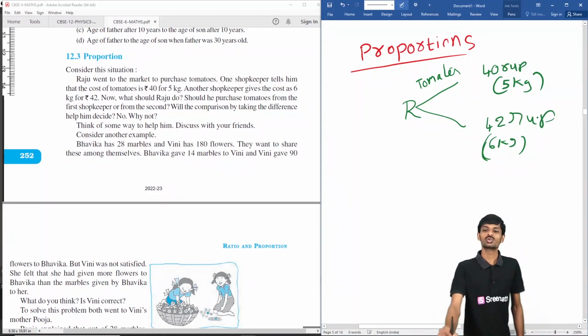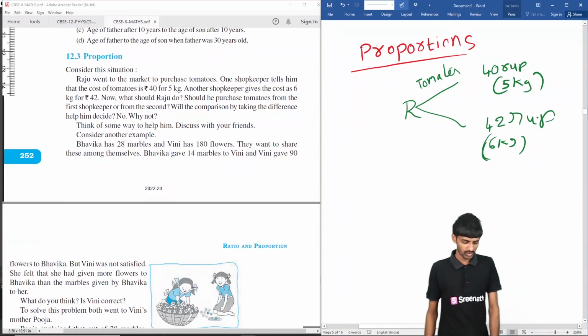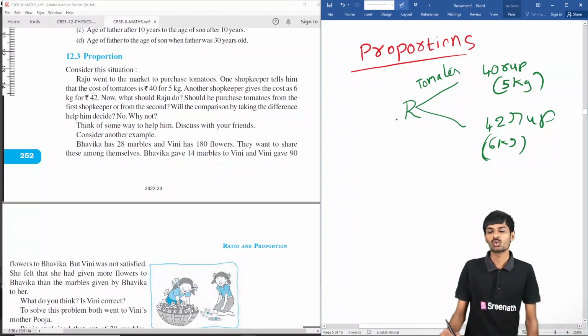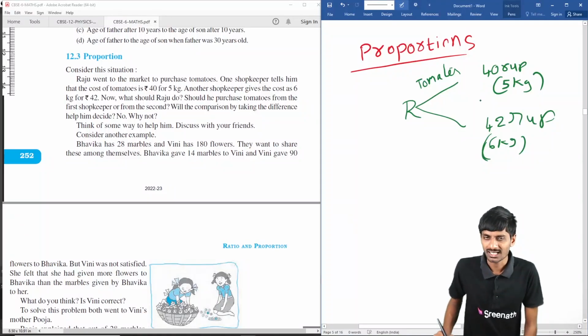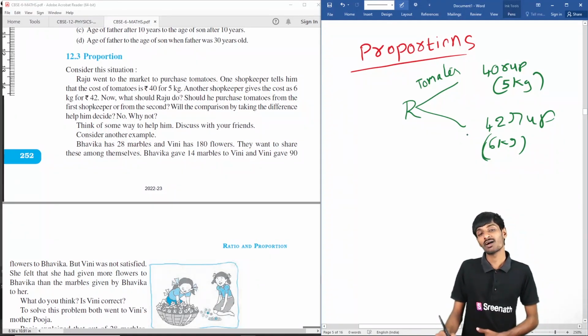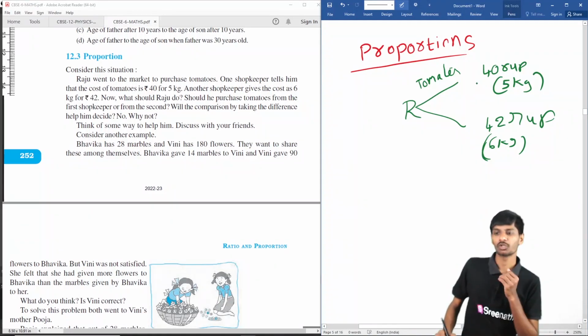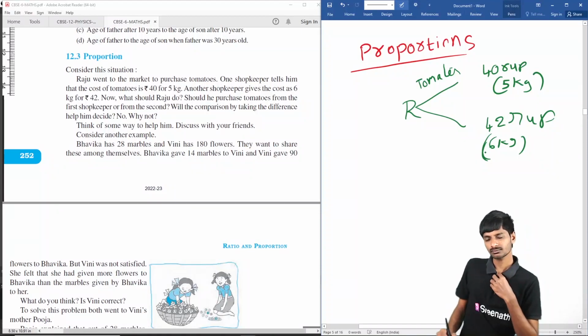So now to which shopkeeper does Raju have to go? The 40 rupees shopkeeper will give only 5 kgs. The 42 rupees shopkeeper will give 6 kgs. So to whom he has to go?